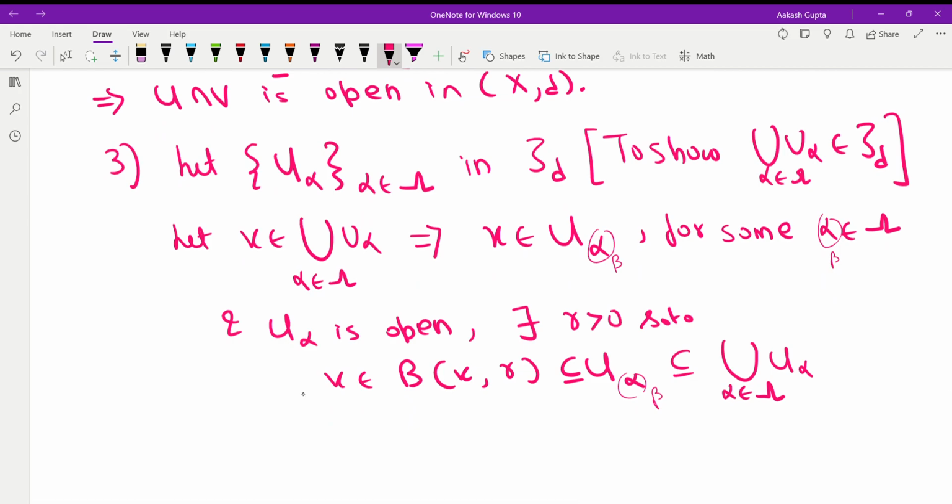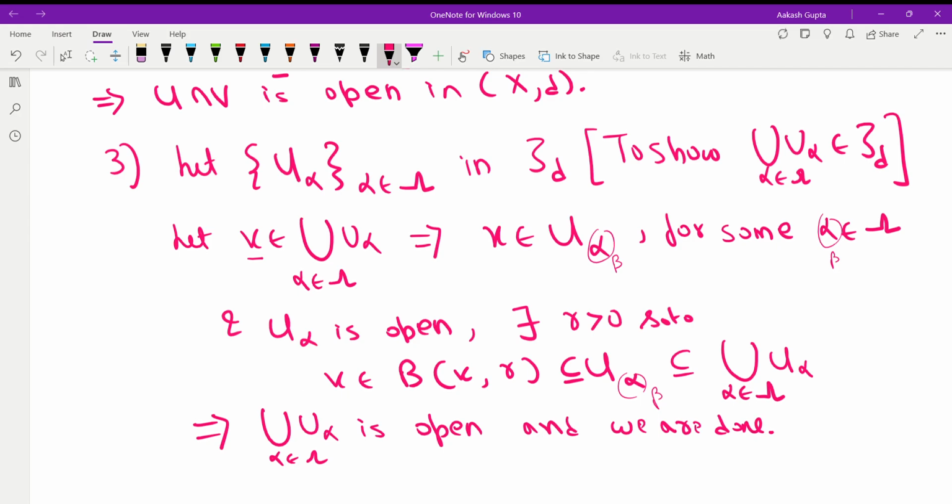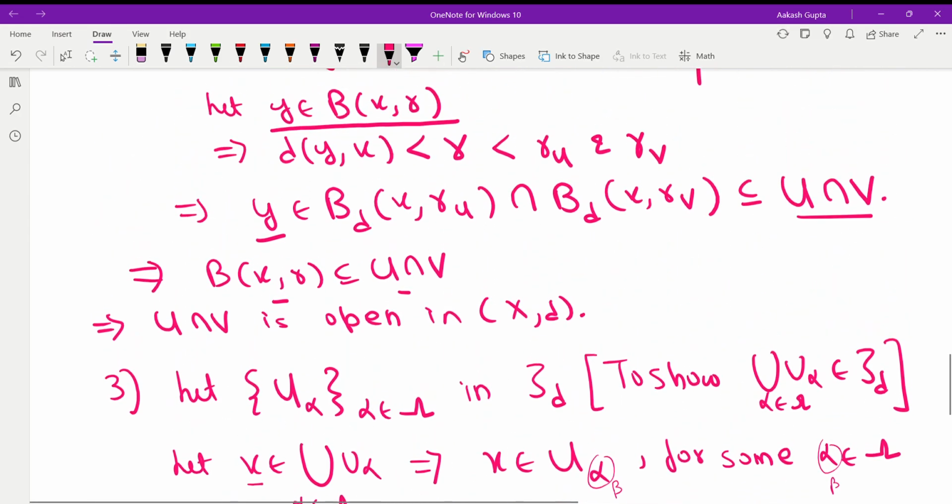Some beta also is the more precise way to write. But this is also an accurate way. So you see, depending on x, you have a ball which is inside. Of course, it depends upon x, because x can be in any one of them. That is the dependency. So this r is, of course, dependent upon x. So what you have, guys, here, union of U alpha is open, and we are done.